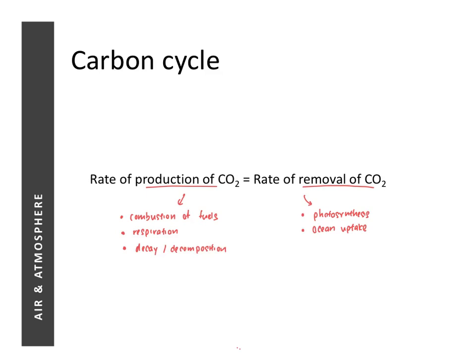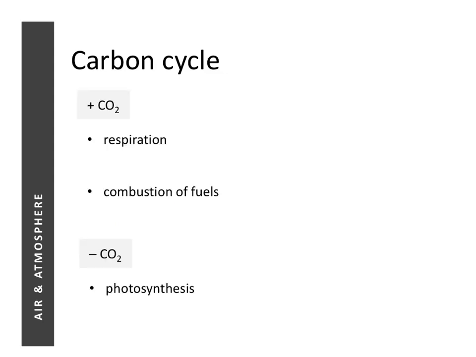So this cycle that keeps the amount of CO2 in the air constant is known as the carbon cycle. Now, for the purpose of our syllabus, we need to know how to write the equations for these three processes that feature in the carbon cycle.